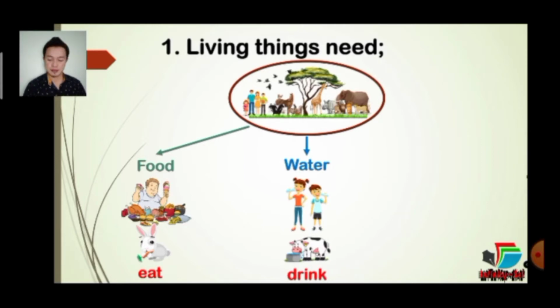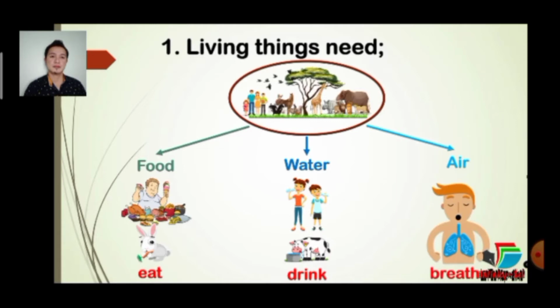The little girl and the little boy, as well as the cow below them, are all drinking water. But the drinking is for animals, not plants. Then living things need air to breathe. So animals, plants, and humans need food to eat, water to drink, and air to breathe.